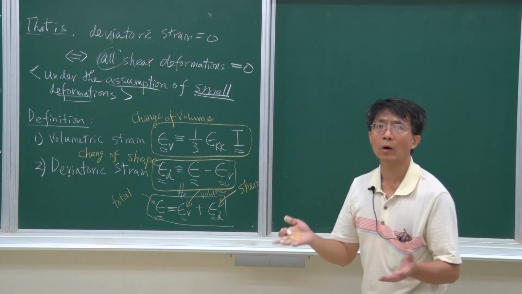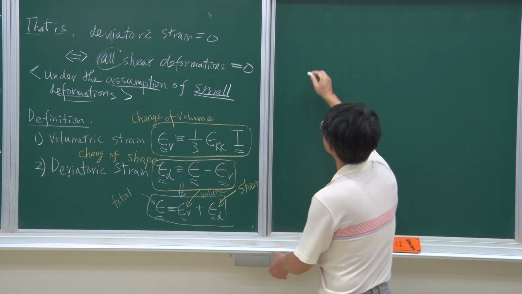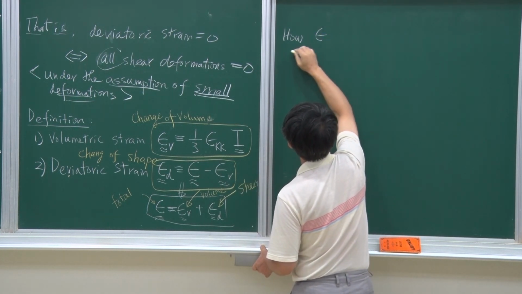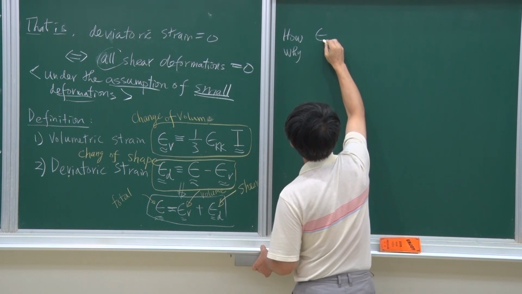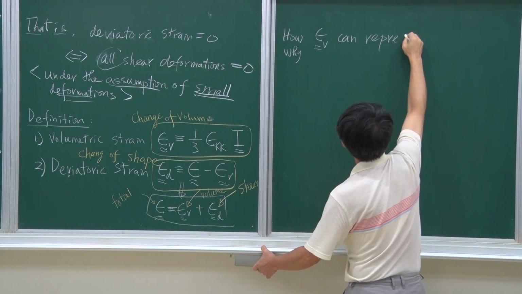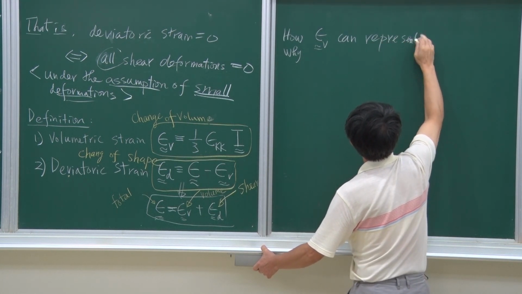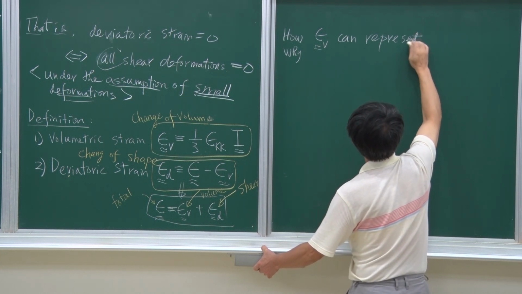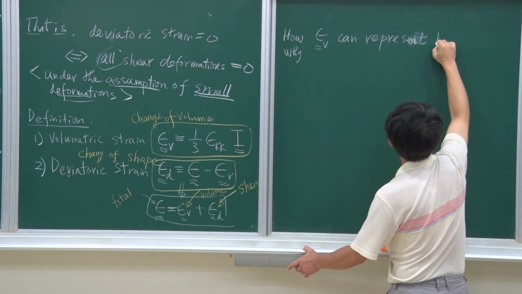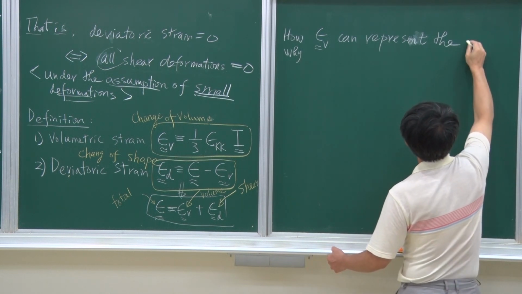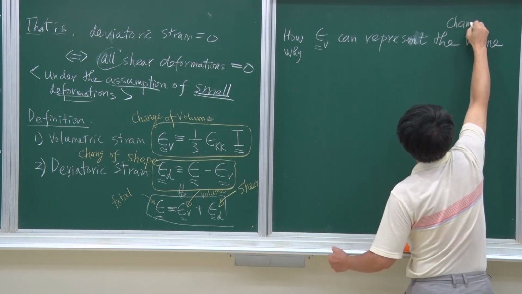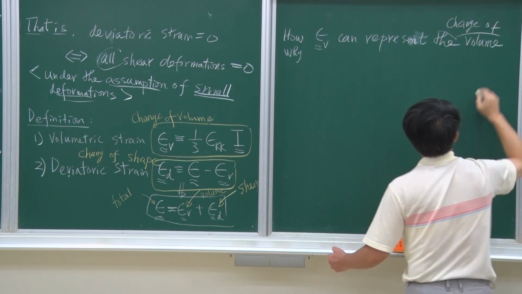One more question remains. How, or why, can we represent the change of volume?